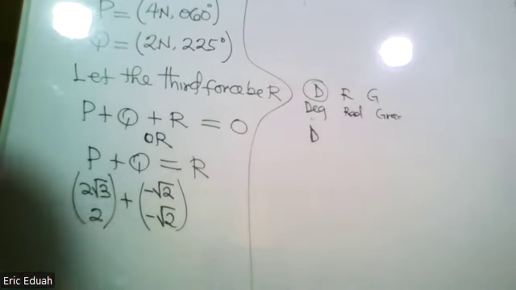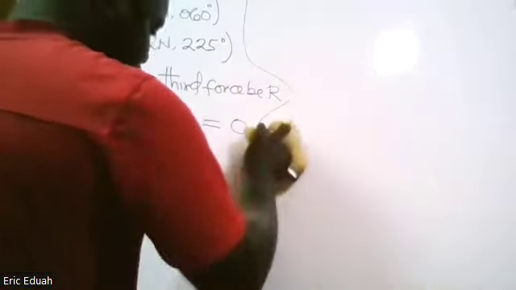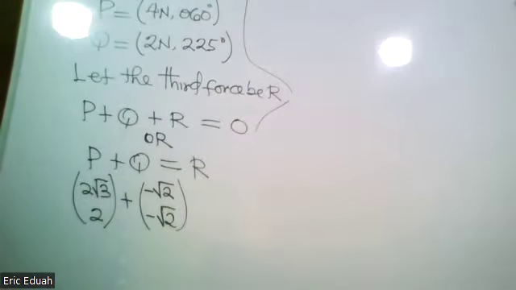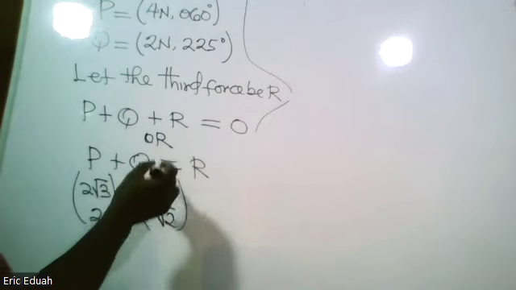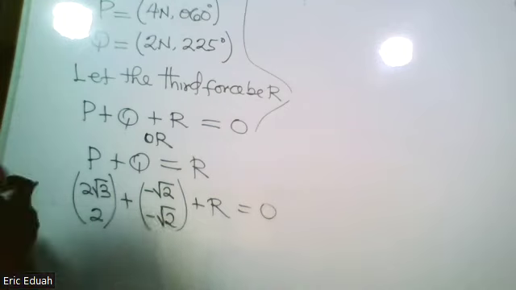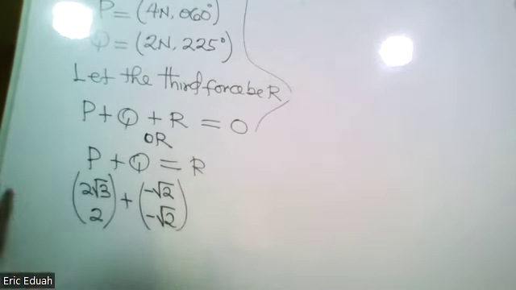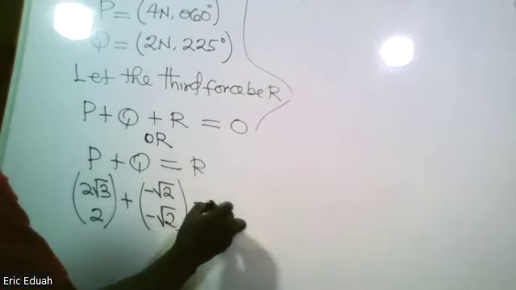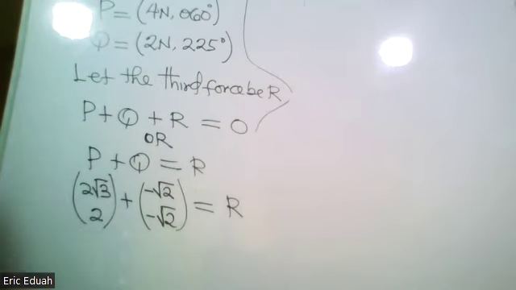So these are the components of P and Q. Now, either this plus R must be equal to 0 or this must be equal to R. And don't forget, R is the equilibrant, that third force which will bring all the forces to equilibrium.